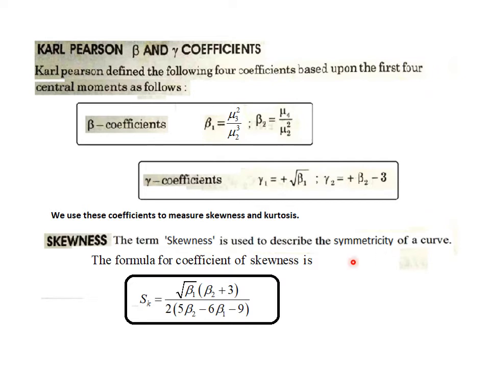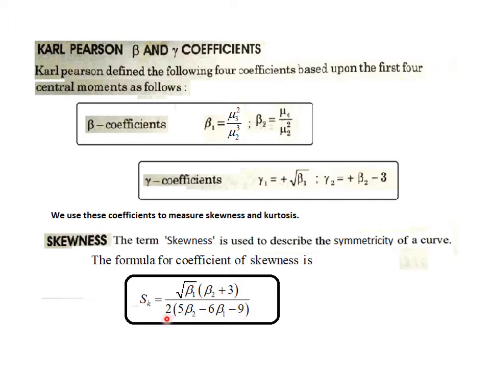And the formula for the coefficient of skewness is discussed here. There are many different results given for measuring skewness for any curve, but this formula is especially popular, and it depends upon the beta coefficients of Karl Pearson. That coefficient beta 1 and beta 2 can be observed on the right hand side of that formula.